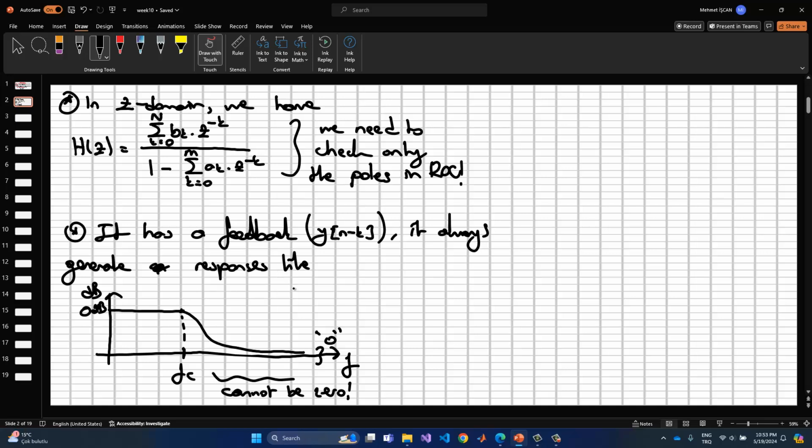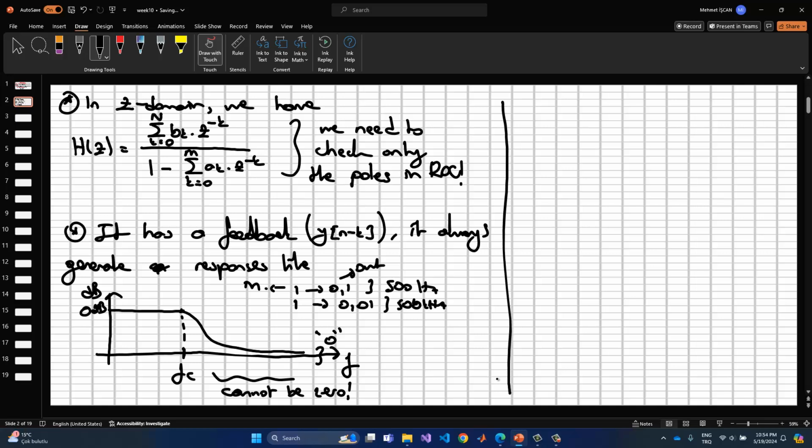Okay, it always attenuates the signal. Or if we take a higher frequency, maybe this happens, for example 500 kilohertz. Okay, and so this is the input, this is the output. This is our case for the IIR filter.